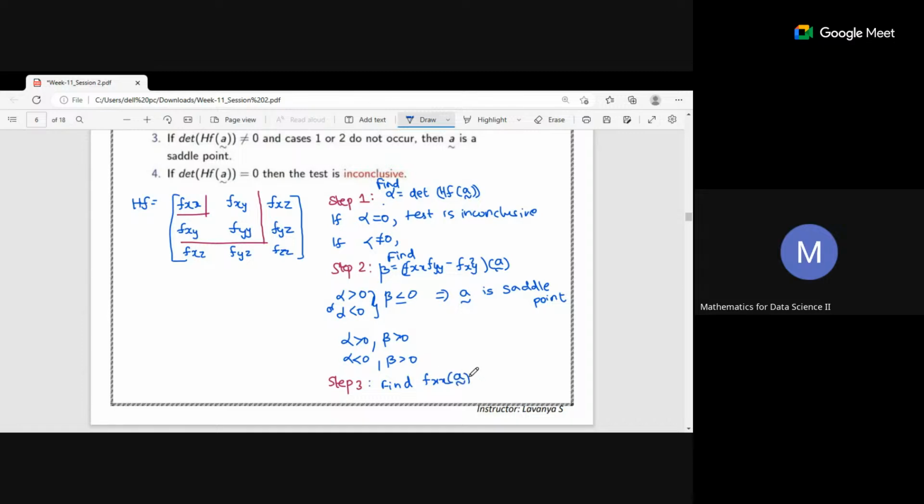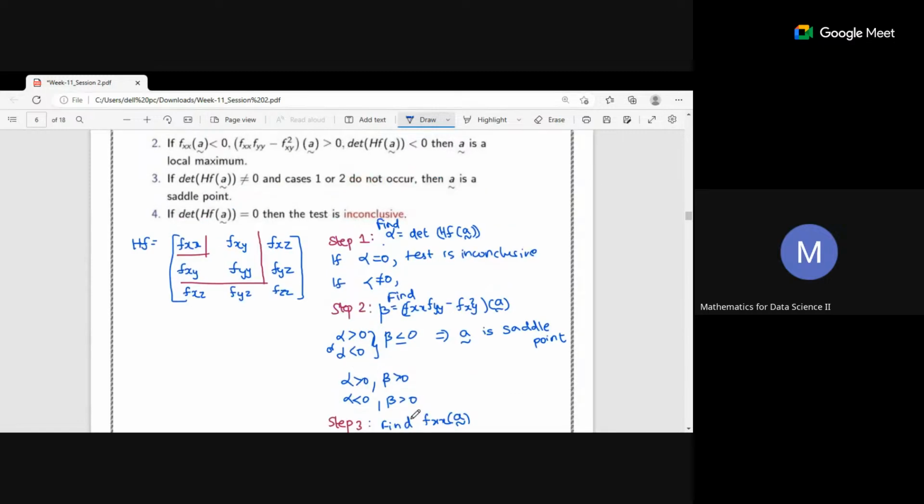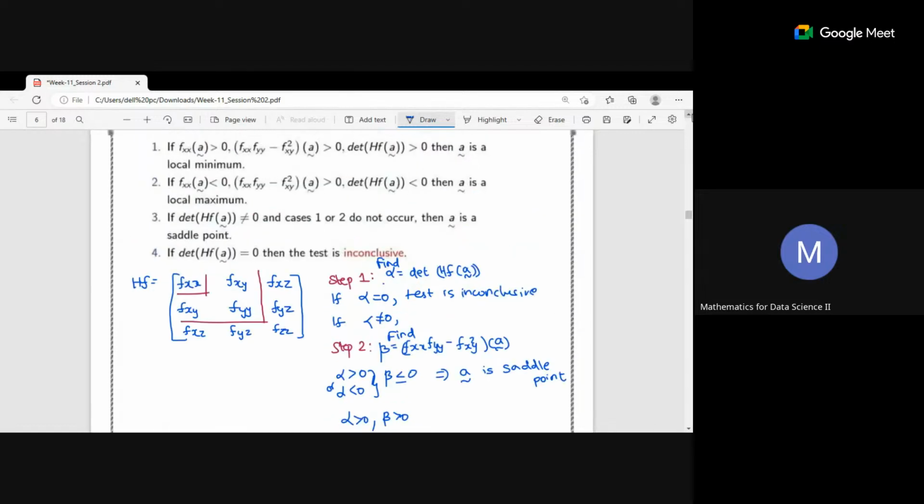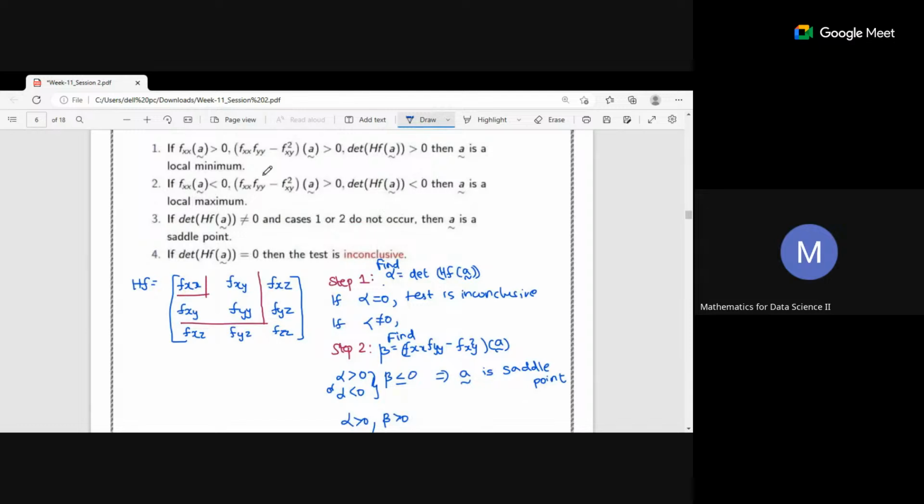What is fxx at A tilde? Depending on this value, maybe I call it gamma. Now if your gamma is positive or negative, then you can decide whether it is a local maximum.